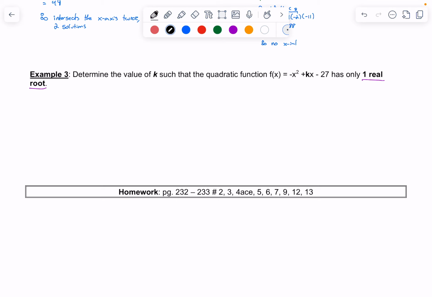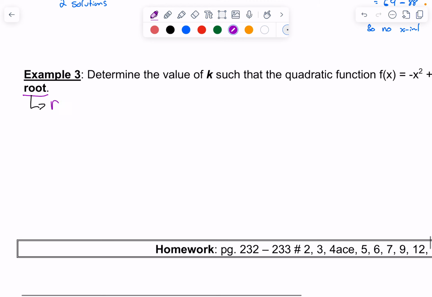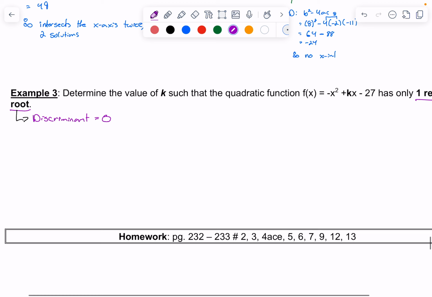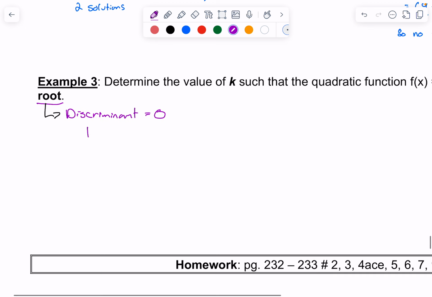Whenever you see that wording, if I tell you how many solutions there are, this part right here tells you that the discriminant is equal to 0, because the only way you get one root is when you have a 0 under the square root. So that means b squared minus 4ac has to equal 0.